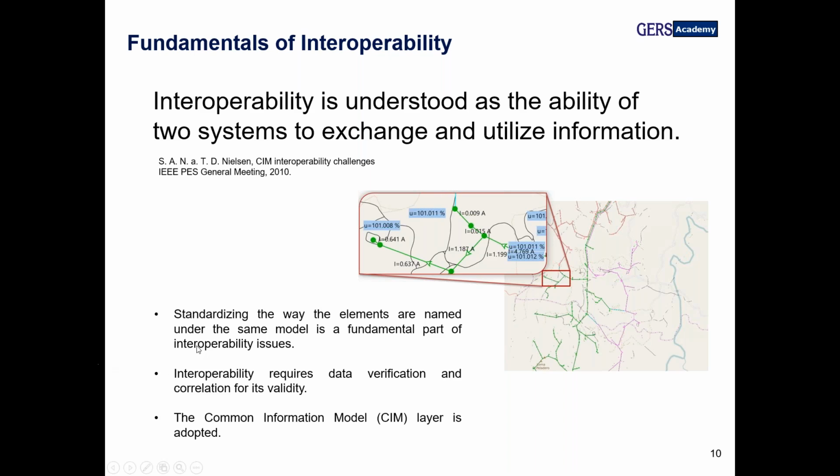There are three additional topics that we can see, and one of the main challenges for interoperability is even the form in which the elements were named. What does it mean? You have two systems, for example, for the same network: two different database sources, and you have a transformer in each database.